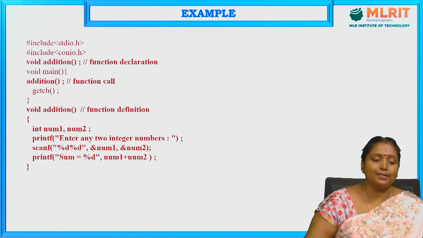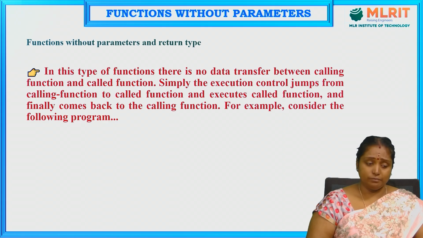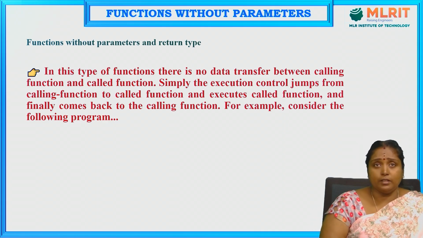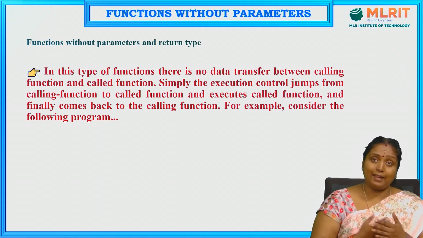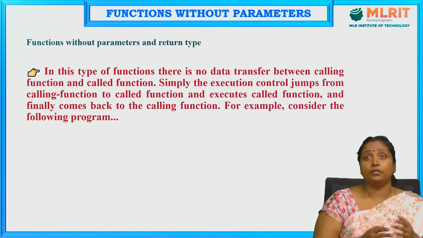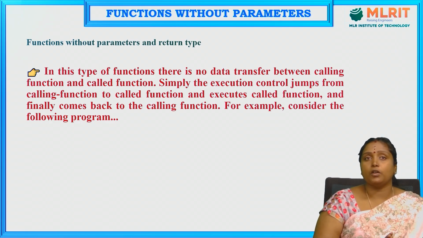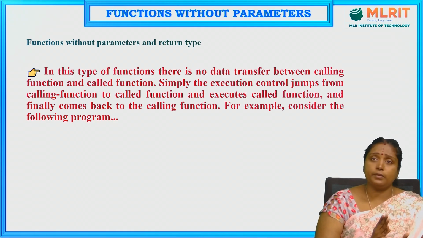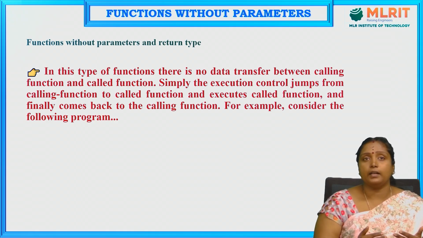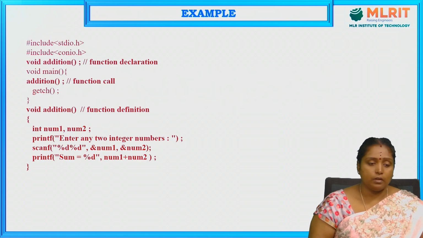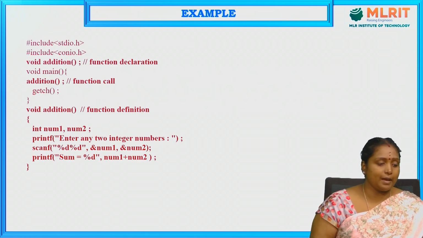And the last case is functions without parameters and without return type. In this function, there is no data transfer from the calling function to the called function, and no data transfer from the called function to the calling function either. Simply the control jumps with no data and it will return nothing. So let us go with a small example program here.